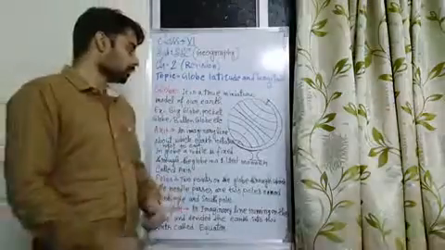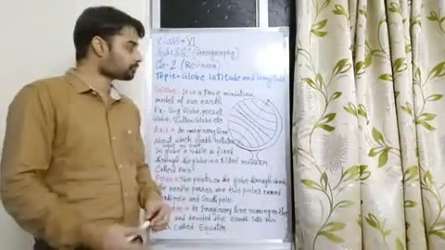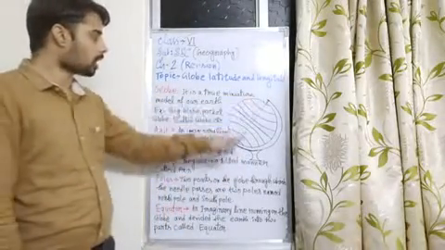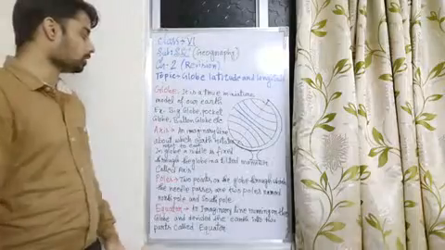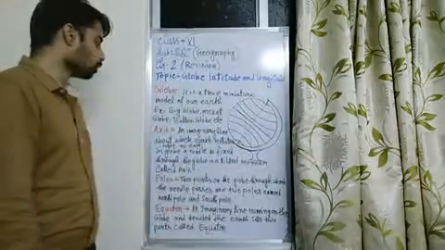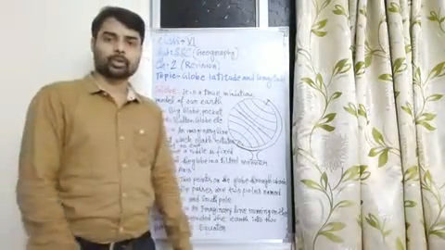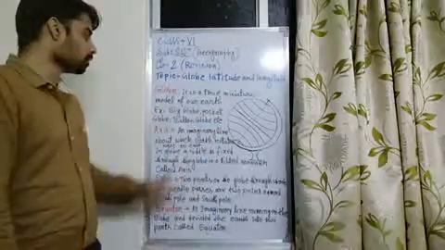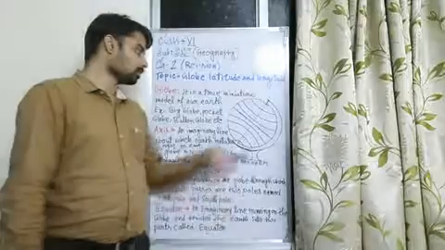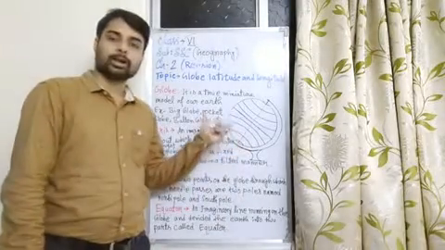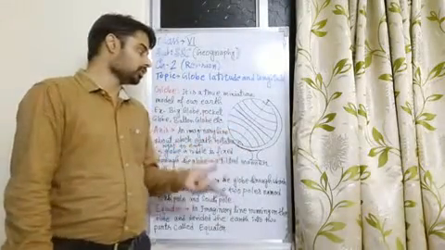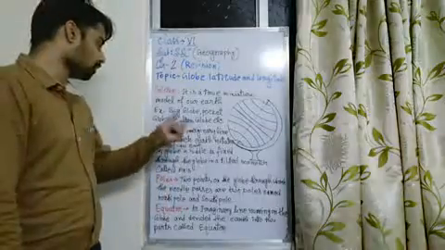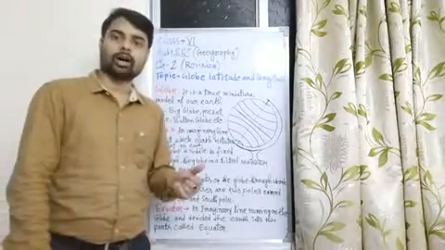Now in the globe, have you seen that imaginary line about which the globe rotates? Actually the earth also rotates in a similar way around an imaginary line, and that line is called the axis of the earth.